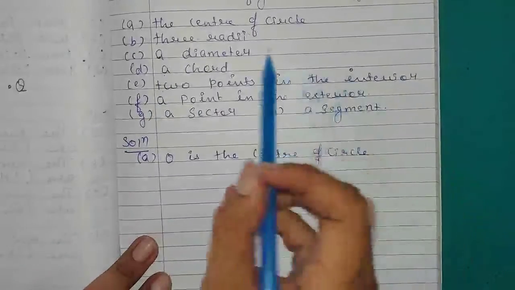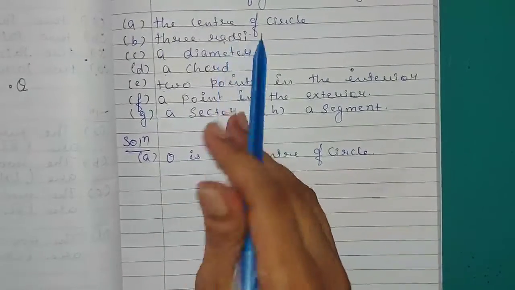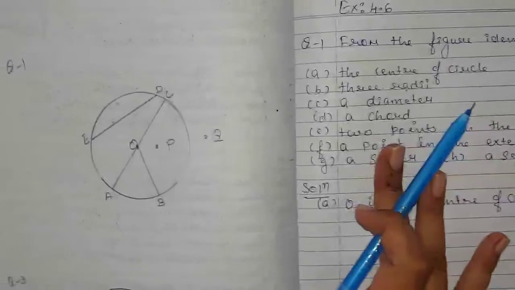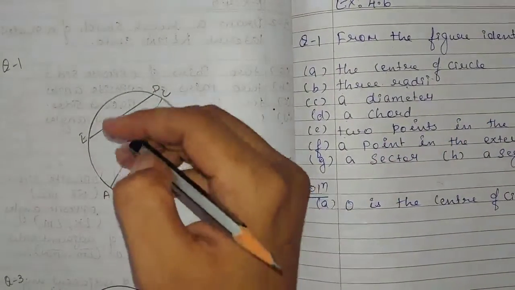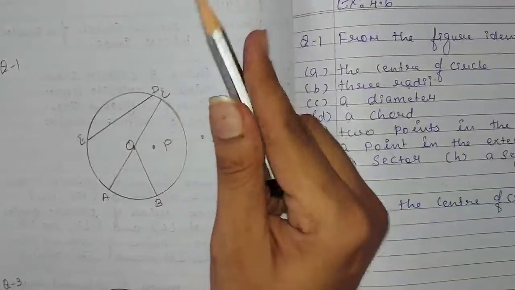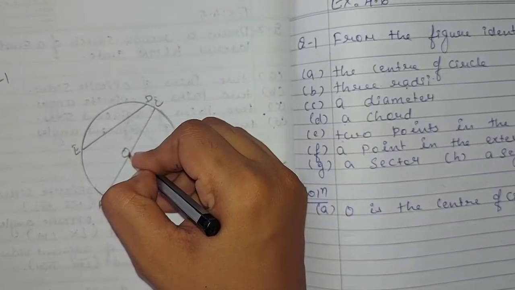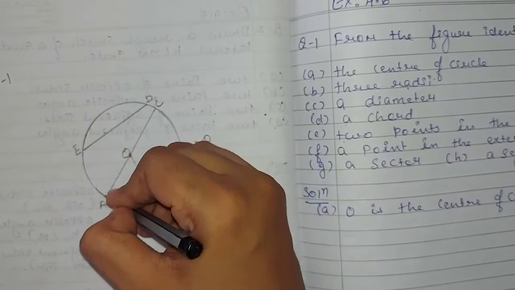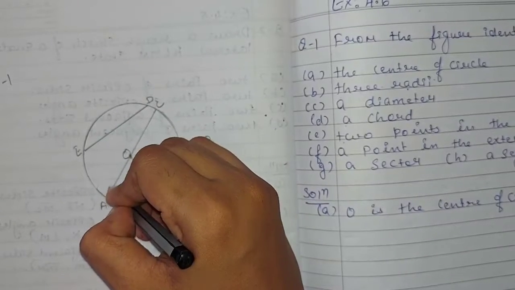Now question number B is asked, 3 radii. Radii means what? So let us observe from the figure. In the adjoining figure, O is the center of the circle and the segment OA is its radius.